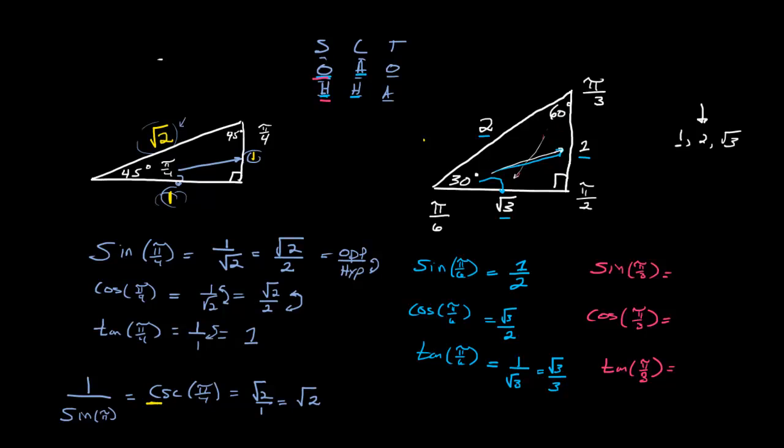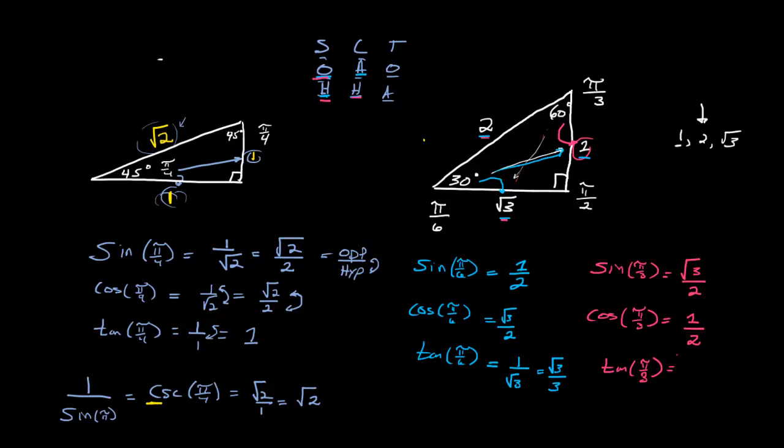The opposite of 60 degrees is square root of 3, and the hypotenuse is a value of 2. Cosine of 60 degrees is going to be the adjacent, because this is adjacent to the angle, and that's going to be a value of 1, over the hypotenuse, which is going to give you a value of 1/2.